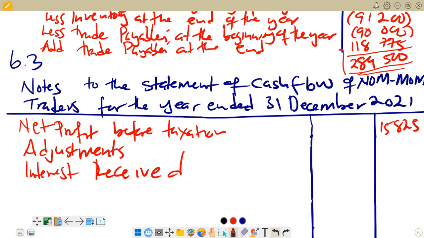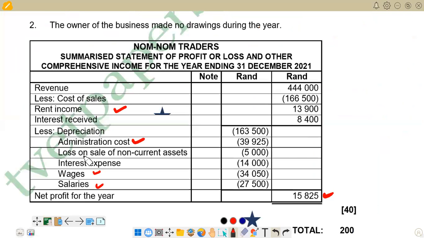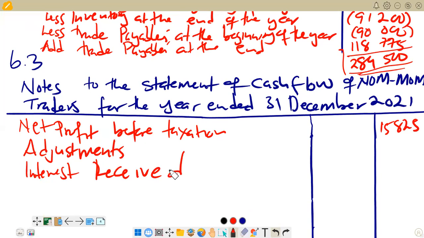We can go back to recheck the figure that we have for interest received. Interest received is this figure, 8,400. So it was adjusted here as an addition, so we are doing the reverse to remove it, since we are going to readjust it again in the statement of cash flow. So 8,400, we subtract it, and then we go to the next step.